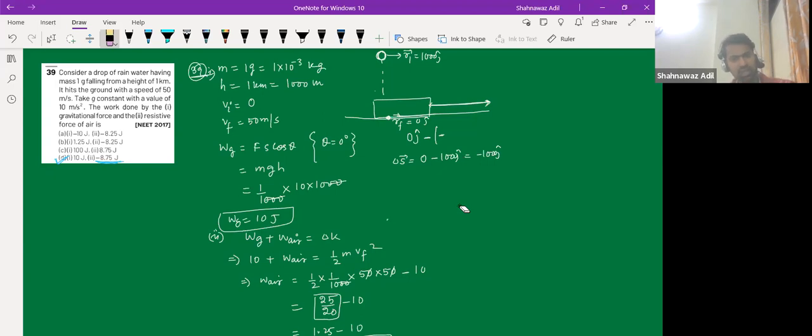Yeah, whenever you guys have talked. So remember in this question, they are telling us to calculate the work done by the resistive force, not the resistive force, right?